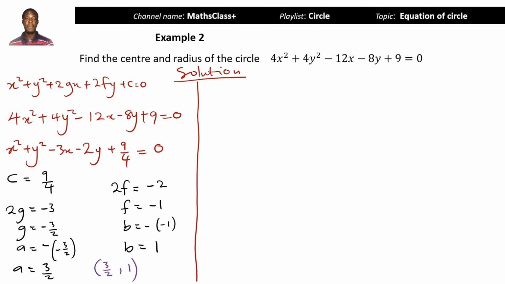And once we have the center, we can now determine the radius.